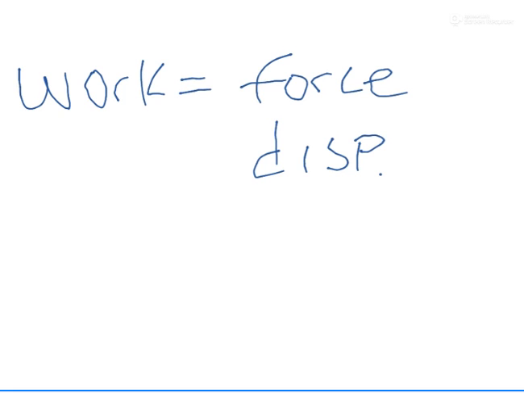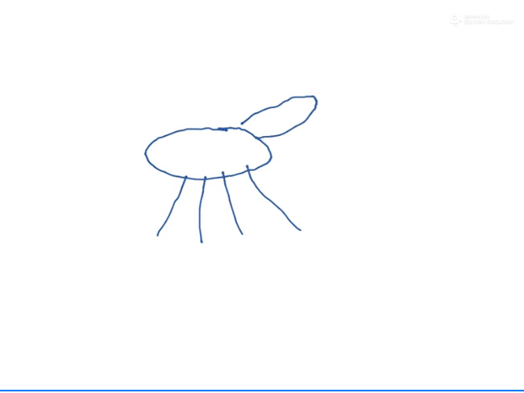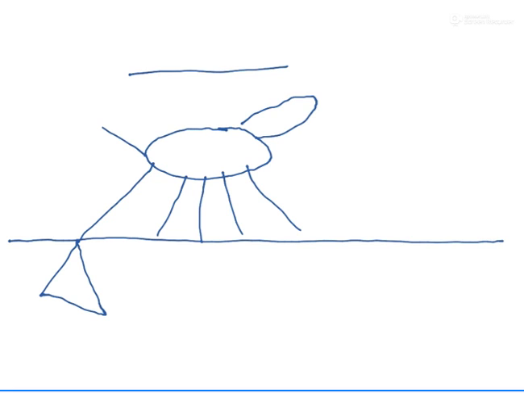A simple way to imagine this, by no means a good representation, is to picture a horse here. Here's the head, and there's the tail. Just like in the old days, imagine the horse is towing a plow through a farm field. The horse is moving in this direction, and this is its initial position, and this is the final position.